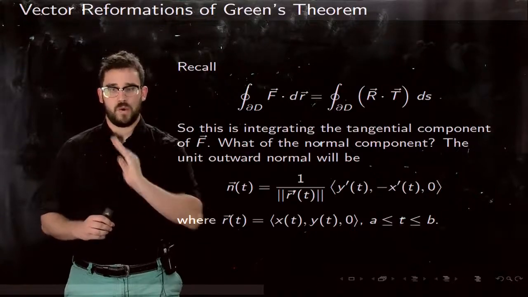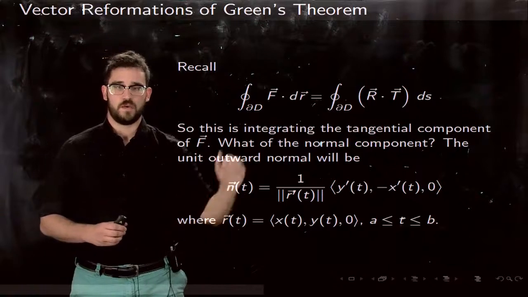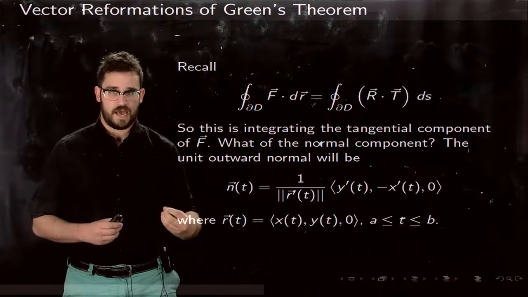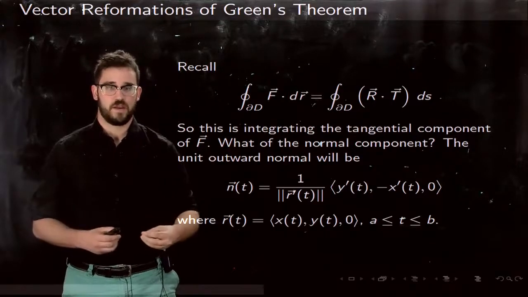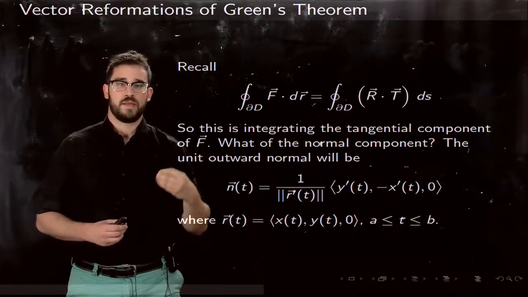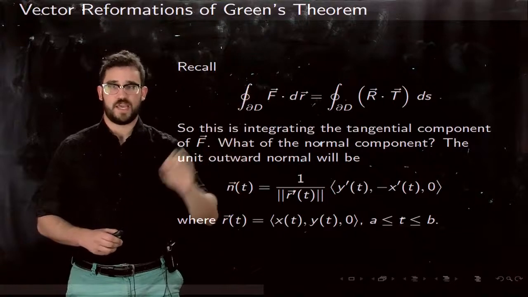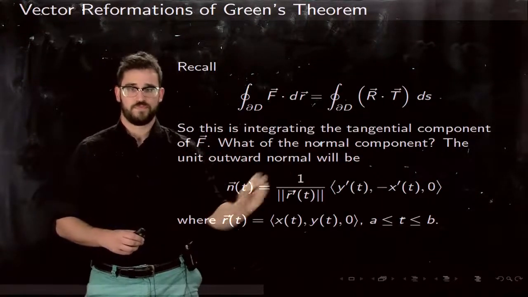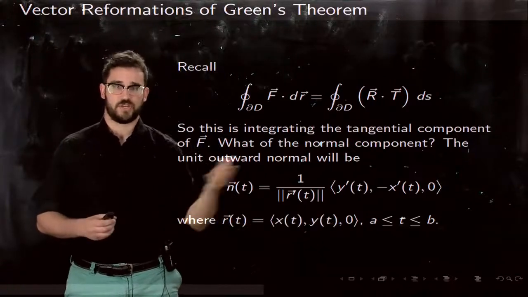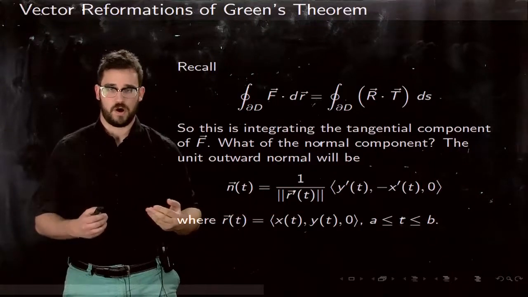The unit outward normal, the vector n, will just be 1 divided by the magnitude of r prime of t, times, this is a scalar function, y prime of t, comma, negative x prime of t, 0. Now F is still our same P, Q, 0. And R is bounded in this sort of fashion, which is why the n component makes sense in this regard.